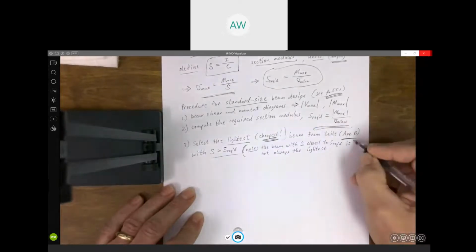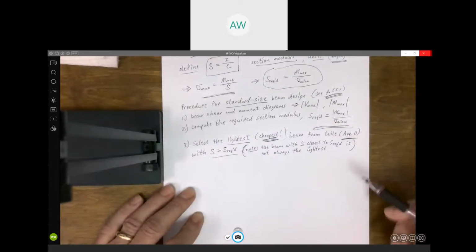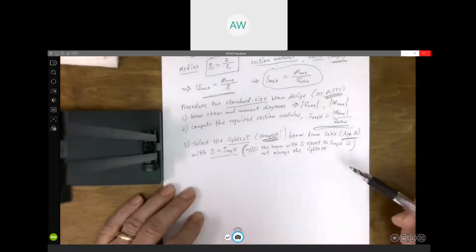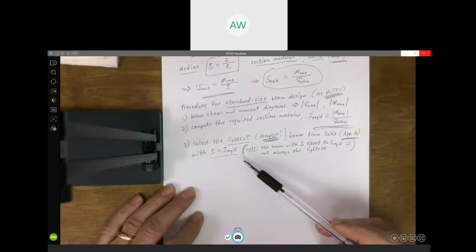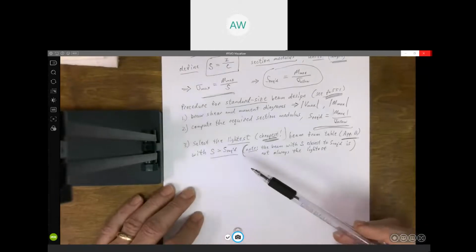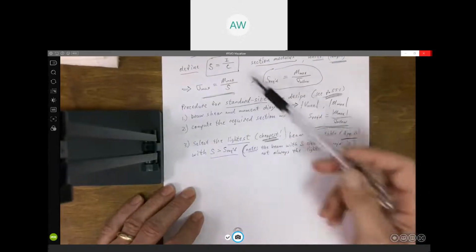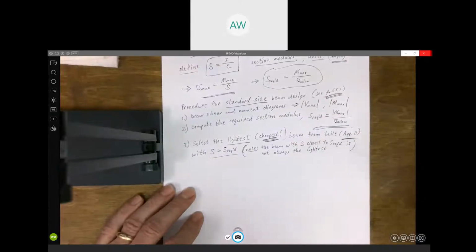And when we work through an example in just a minute, you'll see how this plays out. Because if you can get a lighter beam that has a larger section modulus, that's a win-win. You get a cheaper beam and it's stronger. Basically, S corresponds to the strength of the beam, so the larger the S, the stronger the beam.